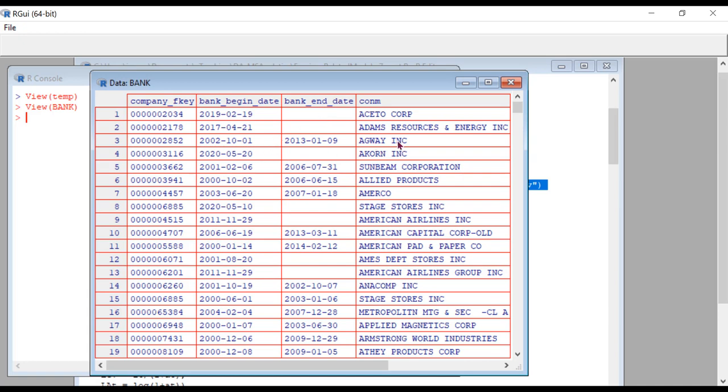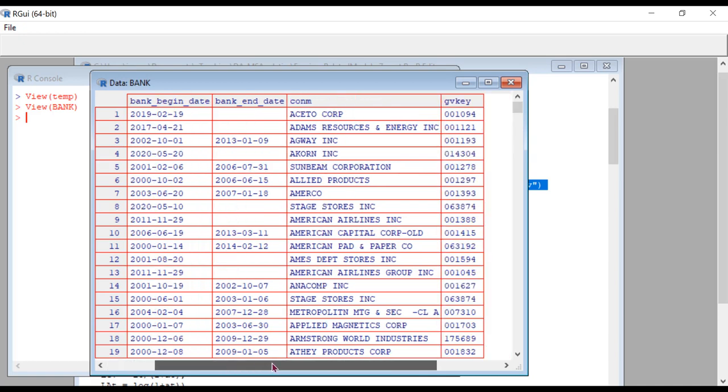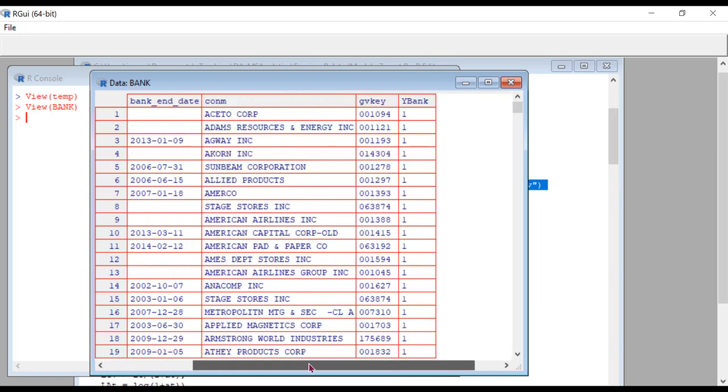So for example, Agway here went into bankruptcy in 2002, came out of bankruptcy in 2013. And so any companies that had a bankruptcy are in here. And over here we have the firm identifier, and then this Y bank is the thing we're going to be interested in, and they're all 1 in this data set, and the 1 means yes, the firm did go bankrupt. So there's our data set.